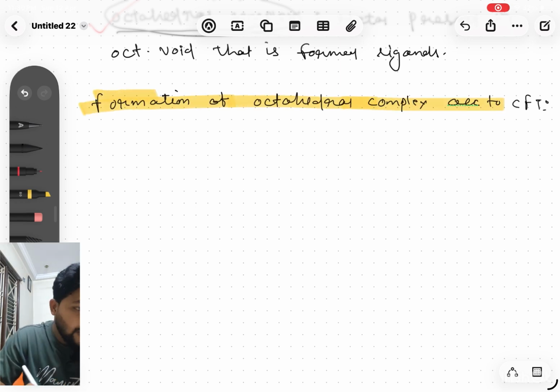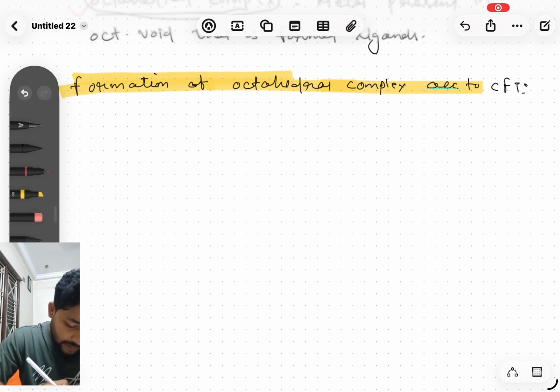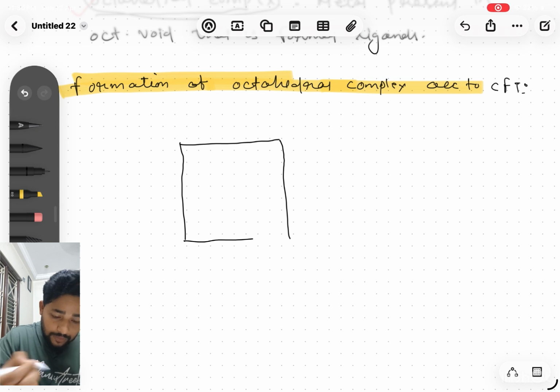Now see, actually what happens? See here. Okay, I'm explaining this in 3D. Okay, see, I'm drawing a cube here. Okay, see now what happens here.